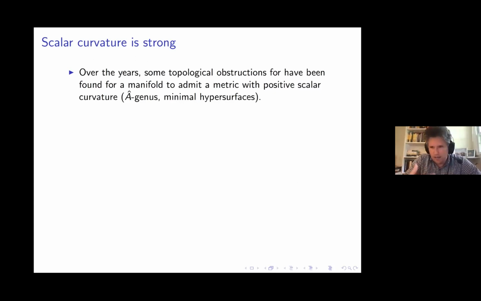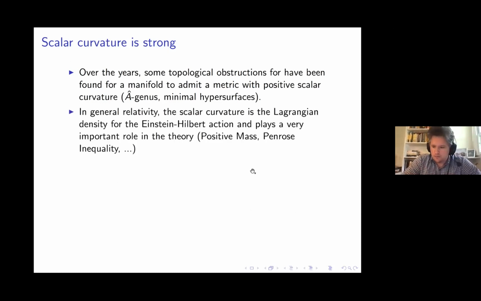So it has some global consequences. And another area where scalar curvature plays a huge role is general relativity, where it's the Lagrangian density of the Einstein-Hilbert action.